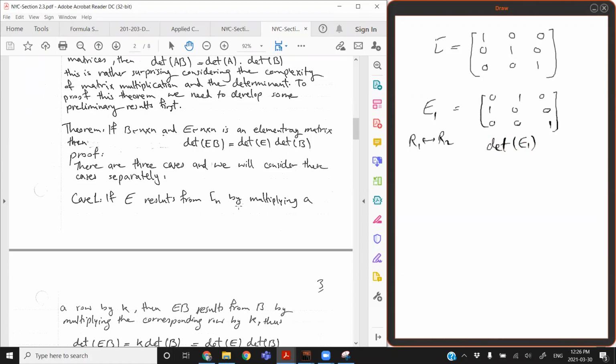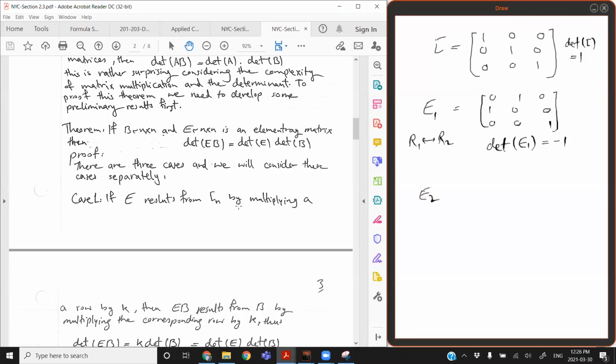Any ideas? Or a simpler question, what's the determinant of I? Is the determinant of E1 -1? Very good. The determinant of I is 1, and a row swap negates the determinant. So that's going to be -1.